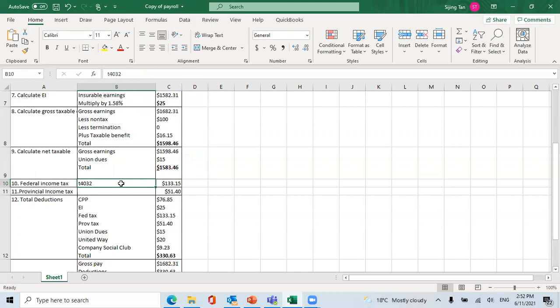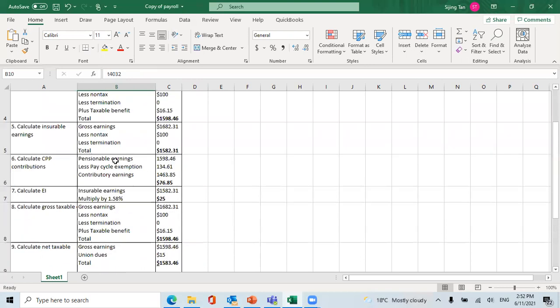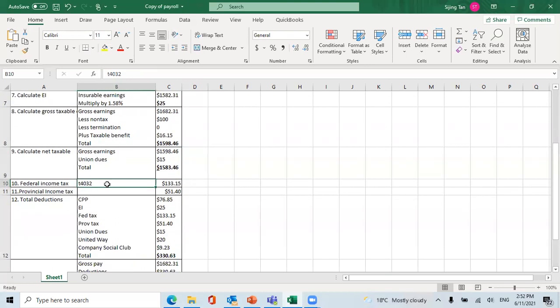Make sure that this example from my textbook is 2019, but I believe your textbook is for year 2020. So when you go to T4032, you're looking for the previous year's tax form, and then you're looking for 2020, and you open the federal income tax form.